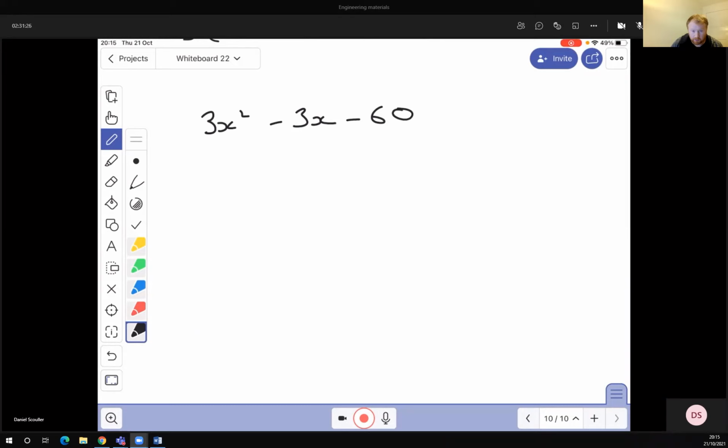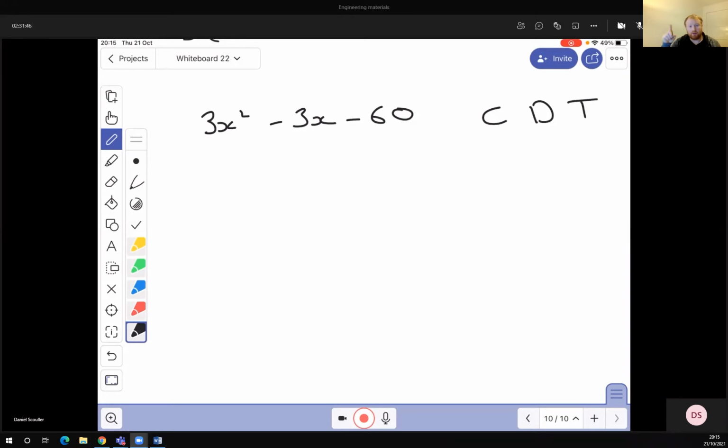First thing we want to do is write CDT beside it. C, common factor. Pretty confident you'll pick up the common factor, the number 3, so we can take 3 out of that.